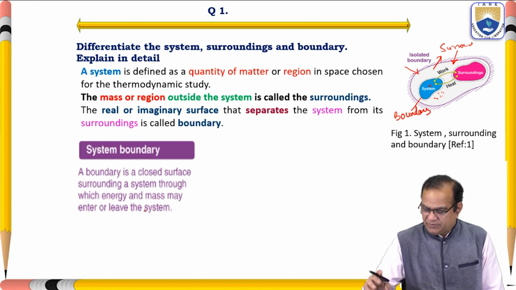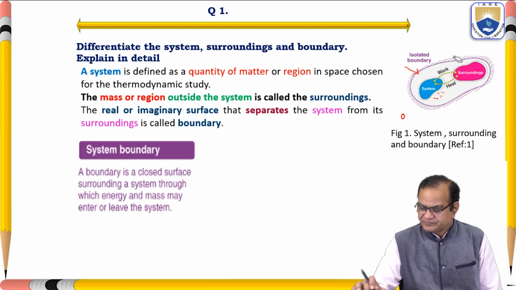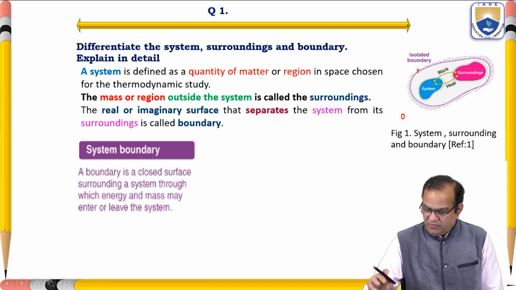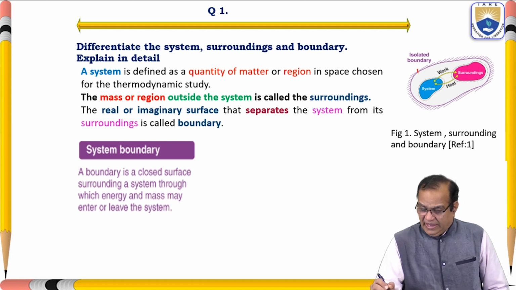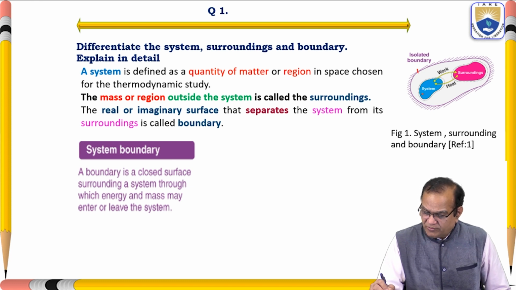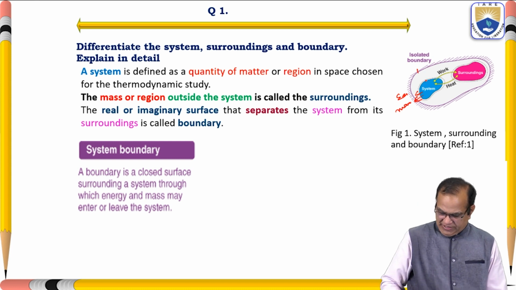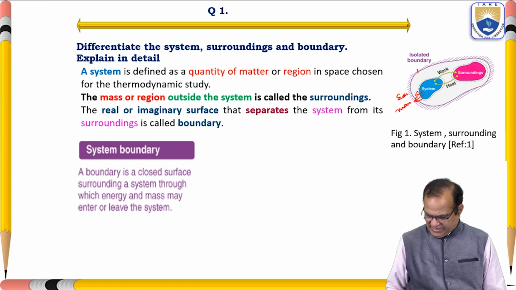In this boundary, energy and mass may cross from the system for an open system, but for a closed system, mass will not transfer. It will not cross the boundary.